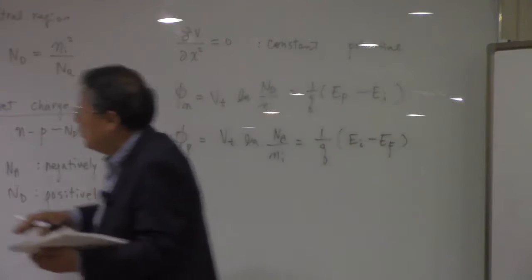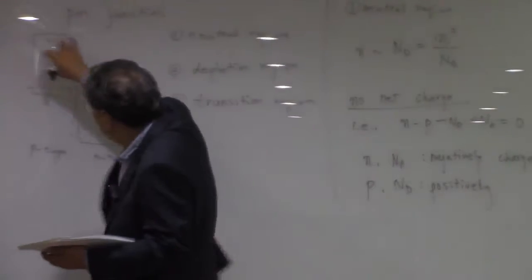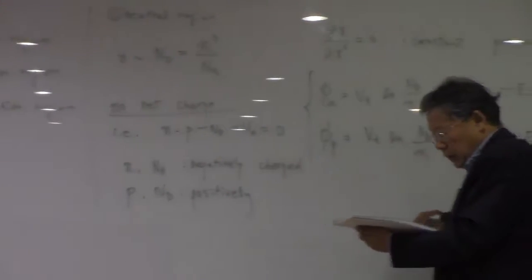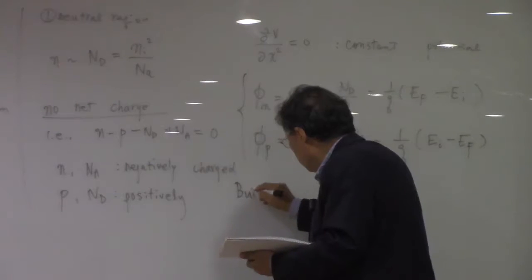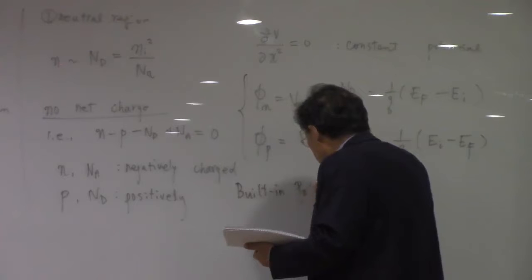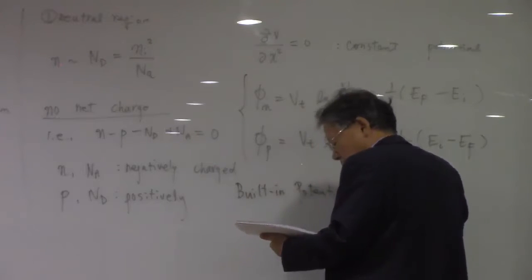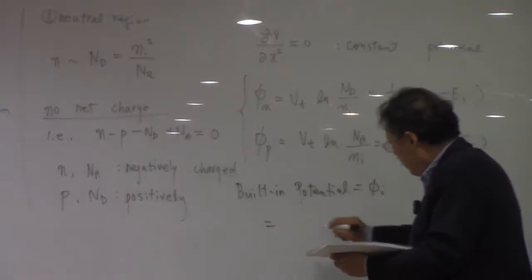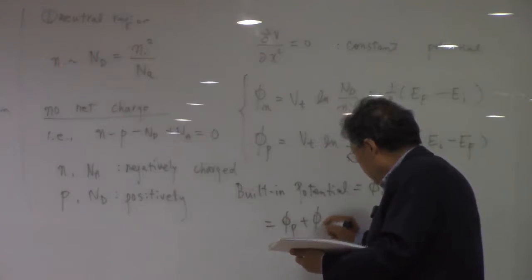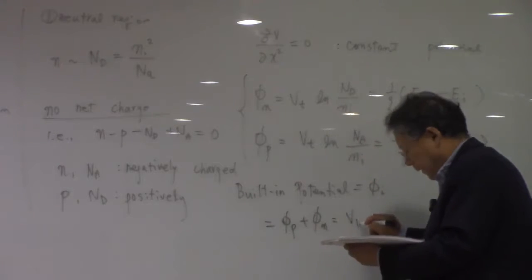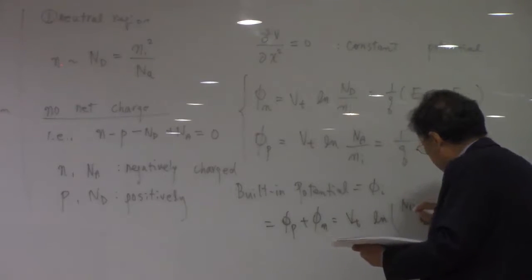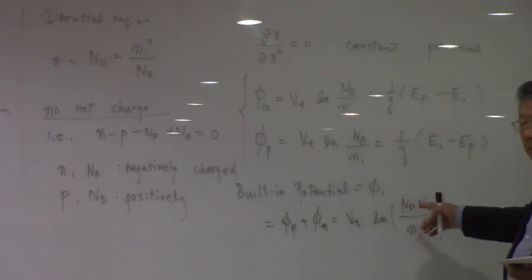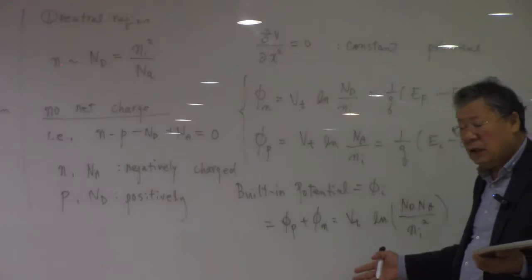So there is a potential change from n-type to p-type according to these equations. Okay, so the built-in potential in this junction is going to be phi p plus phi n, and that is Vt ln of Nd Na over ni squared.